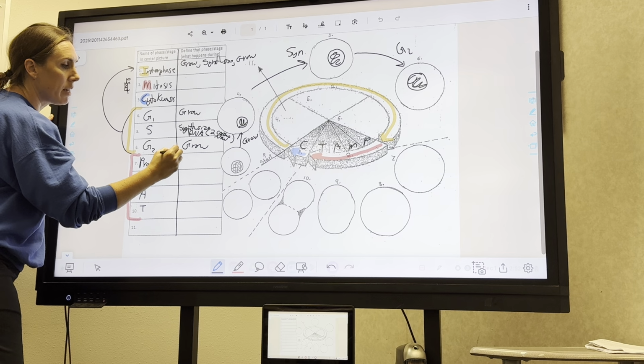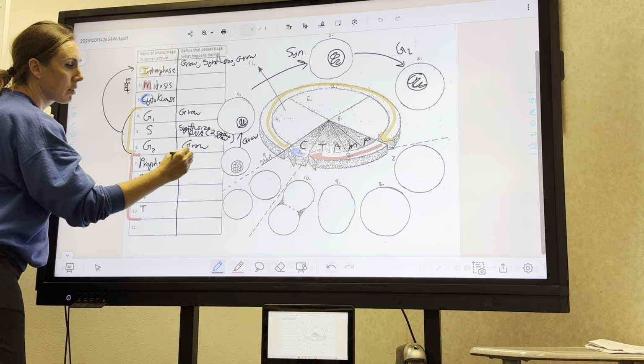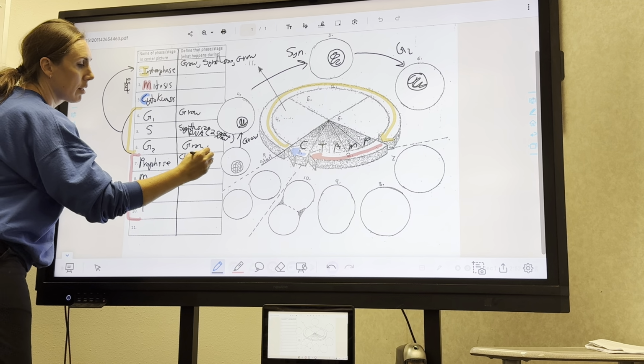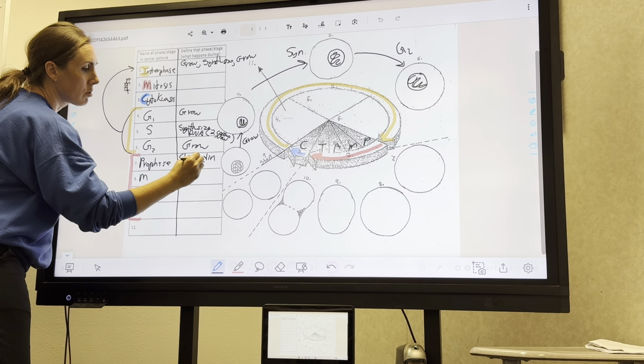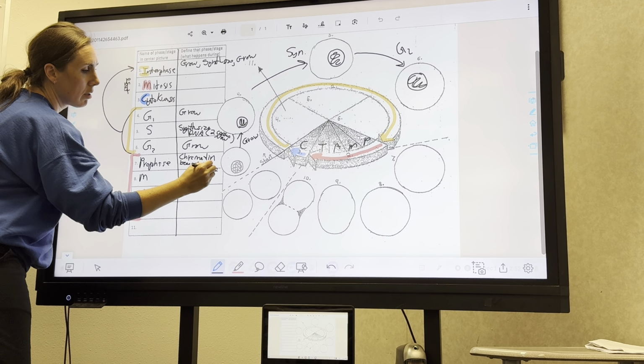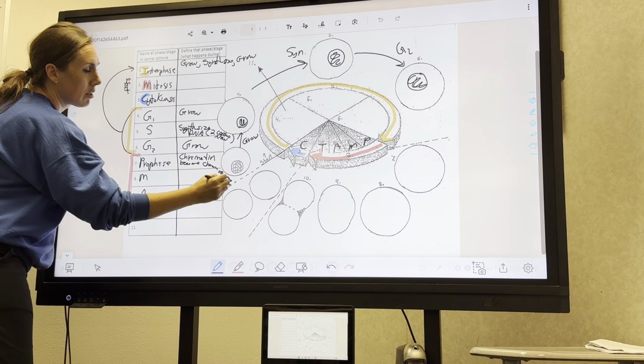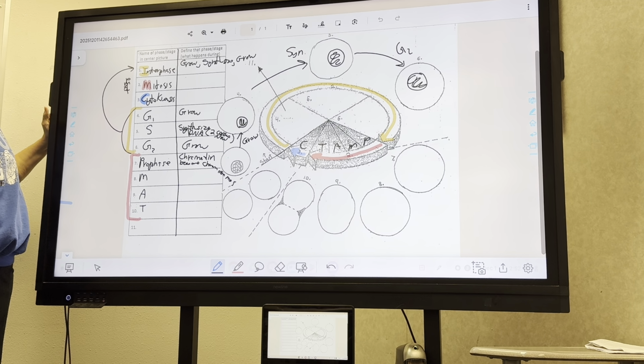This is where chromatin become chromosomes. So that nasty spaghetti-like DNA now becomes nicely formed X chromosomes.